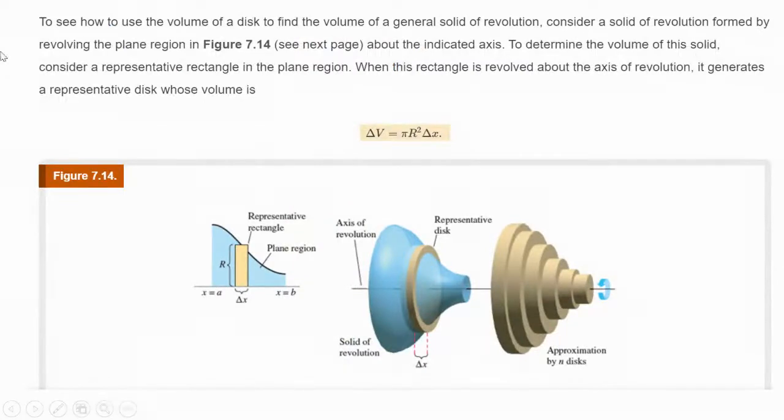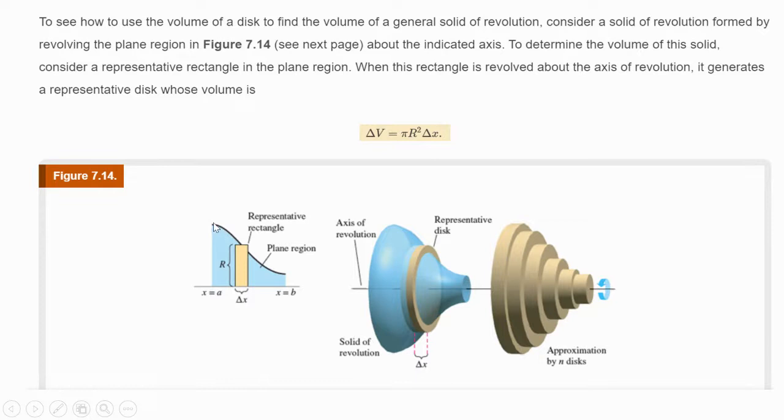Okay, and we did talk about this also last time because we talked about how integration is the accumulation of areas. So here we go. To see how to use the volume of a disk to find the volume of a general solid of revolution, consider a solid of revolution formed by revolving the plane area in this figure around the axis.